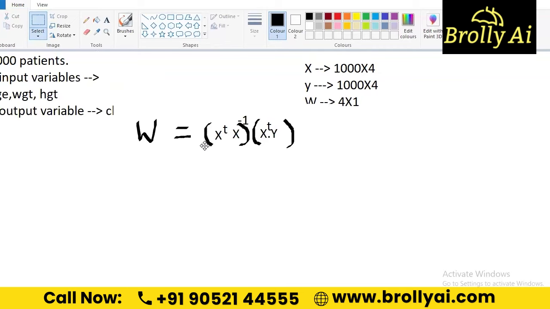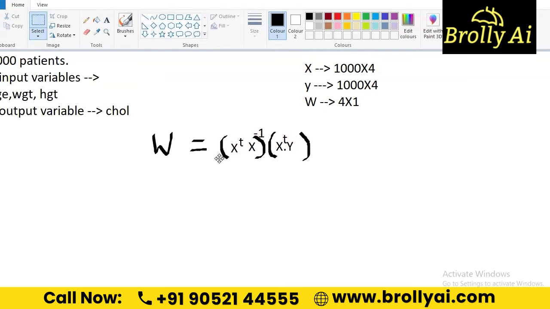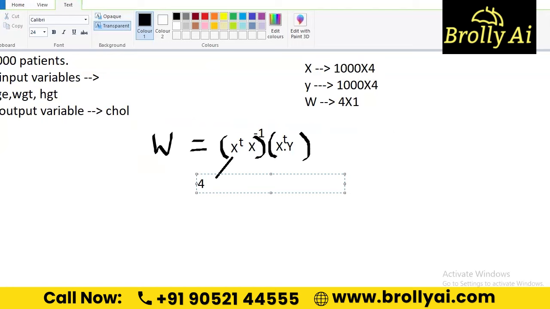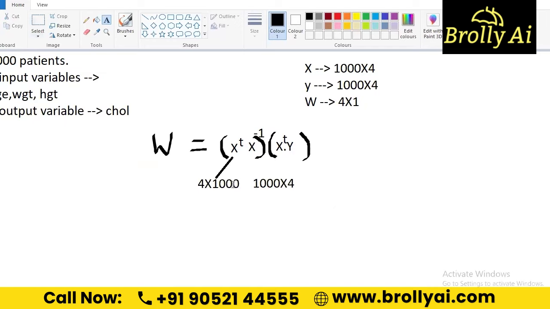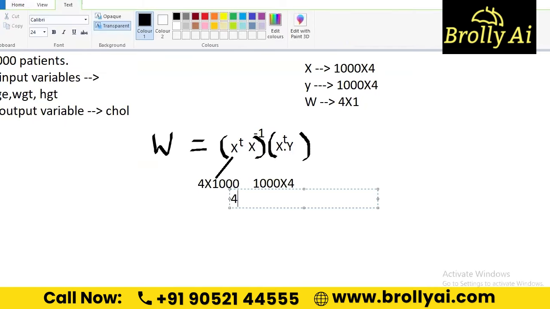This is our W formula. Exactly 4 by 1 we should get. Size of X transpose 4 by 1,000. X size 1,000 by 4. 4 by 1,000 dot 1,000 by 4 gives 4 by 4.